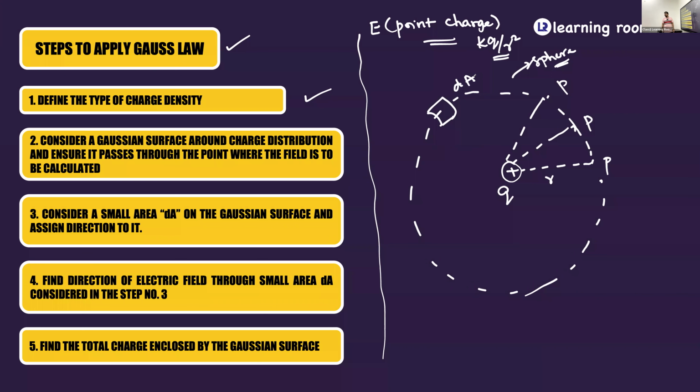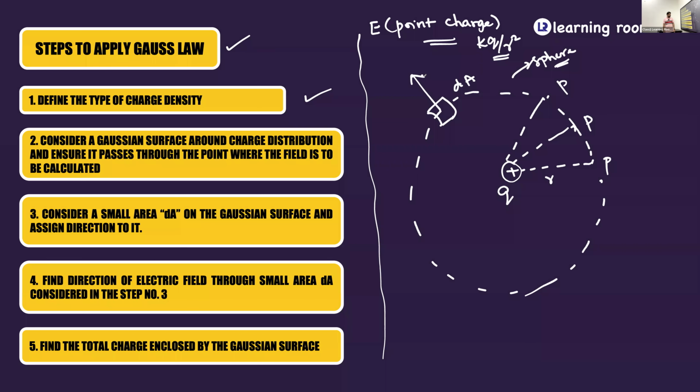From the previous class, tell me. It is always in the radially outward direction. Check your notes, the direction of the area vector when I explained Gauss's law and electric flux. It is always in the outward direction, perpendicular to the surface. That is what radially outward means. So here it is going to be in this direction. Am I right? So we have considered a small area dA and assigned the direction to it.